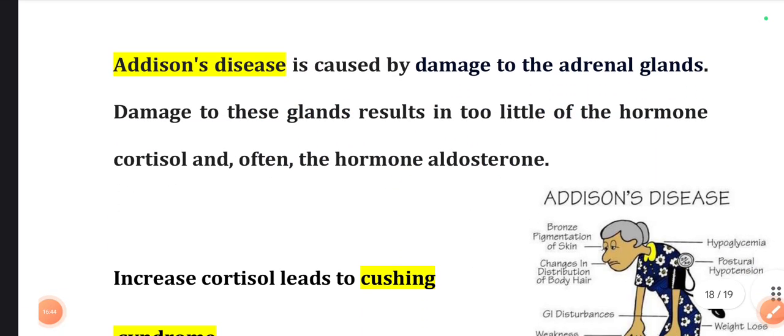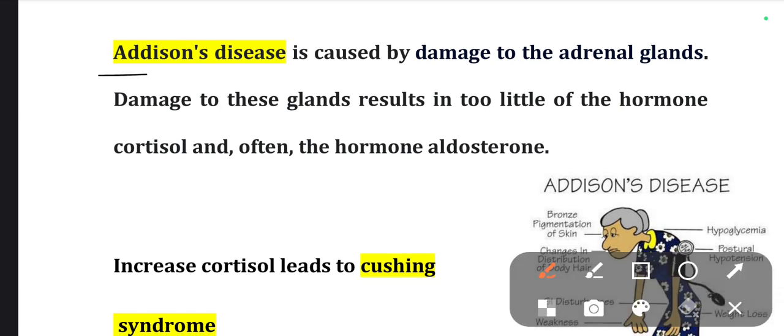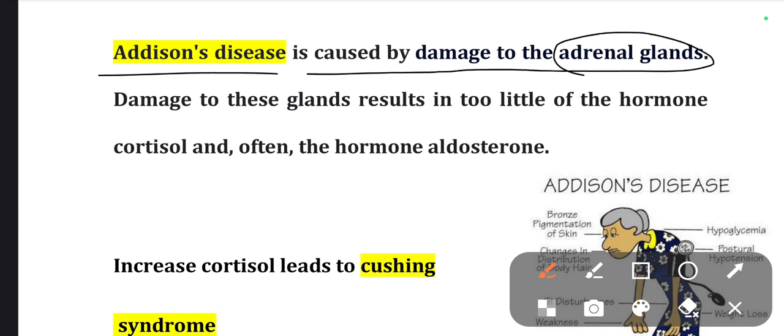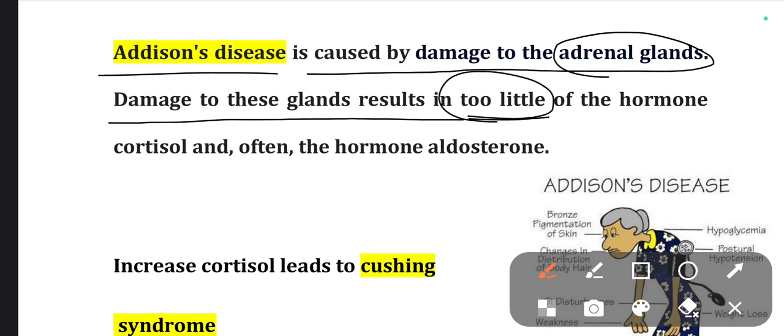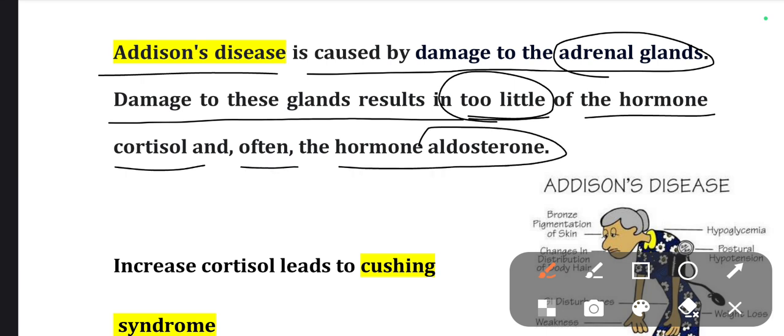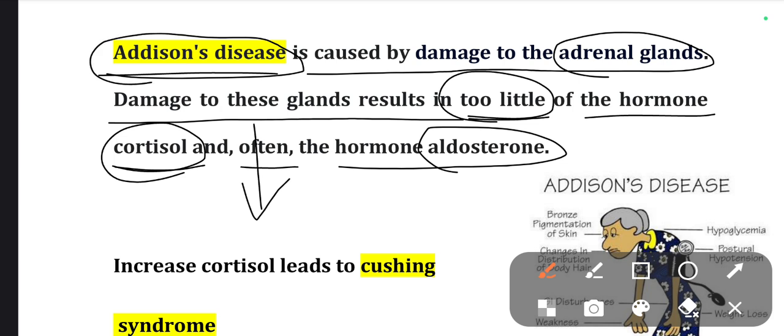So the next disease is Addison's disease. It is caused by damage to the adrenal gland. Damage to these glands results in too little of the hormone cortisol. Okay, often this hormone is also known as aldosterone. So due to the hyposecretion of cortisol, it leads to Addison's disease.